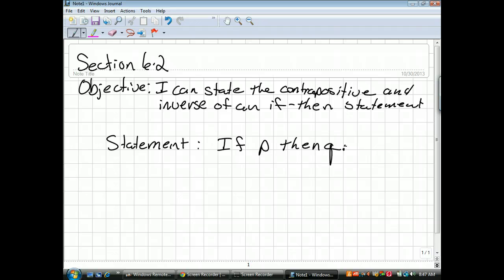And we've already talked about what we call the converse of a conditional statement.